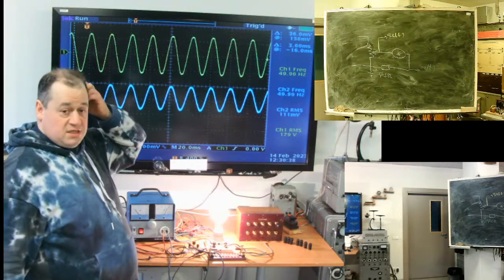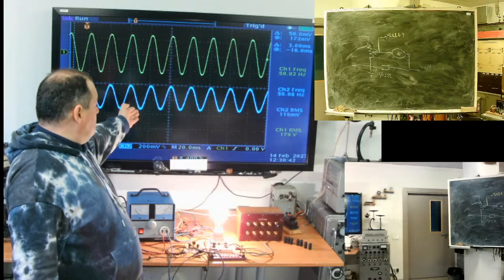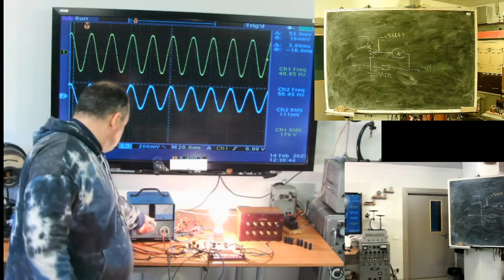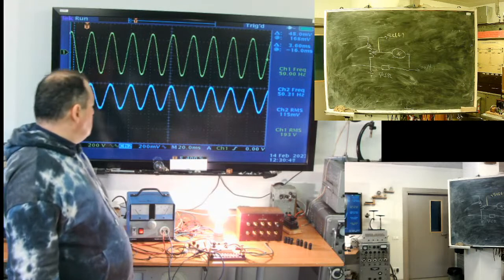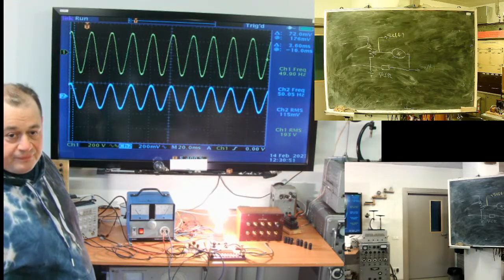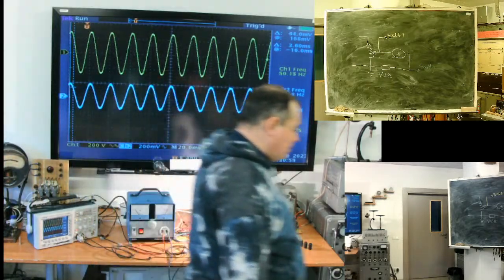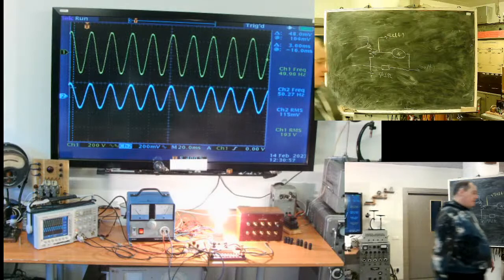Nice picture, isn't it? Yellow voltage, 200 volts. Blue current, everything fine? Easy.